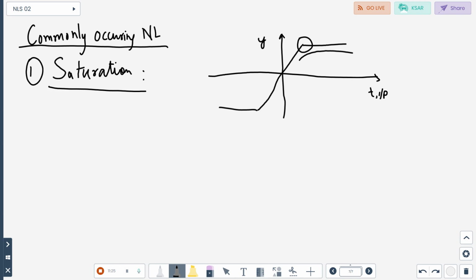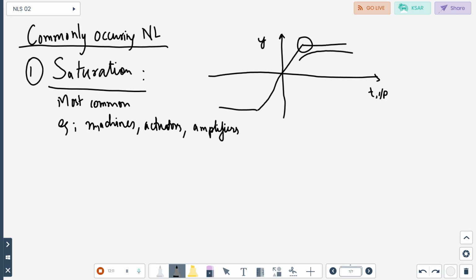This is one of the most common types of behavior that we see, and examples of it appear in machines, electromechanical devices, actuators, amplifiers, etc. This is also an inherent nonlinearity, and most of the time it's inherent, and in very few cases we induce it in a system.